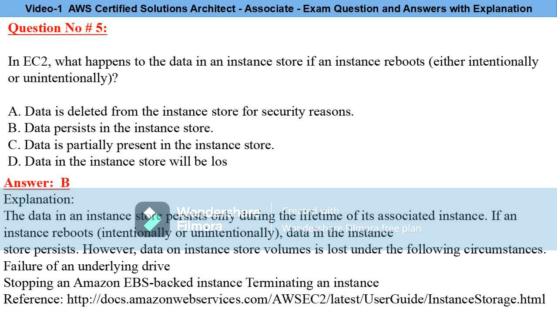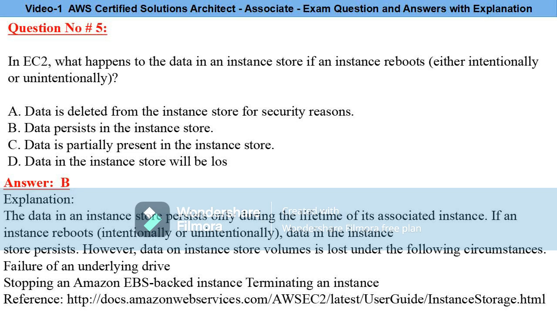In EC2, what happens to data, for example, when your instance is stopped or deleted? The answer is B: data persists in the instance store. The data in an instance store persists only during the lifetime of the associated instance. If an instance reboots, for example after a sudden shutdown, the data in instance store volumes is lost in the following situations: failure of the underlying disk, stopping an EBS-backed instance, and terminating an instance.